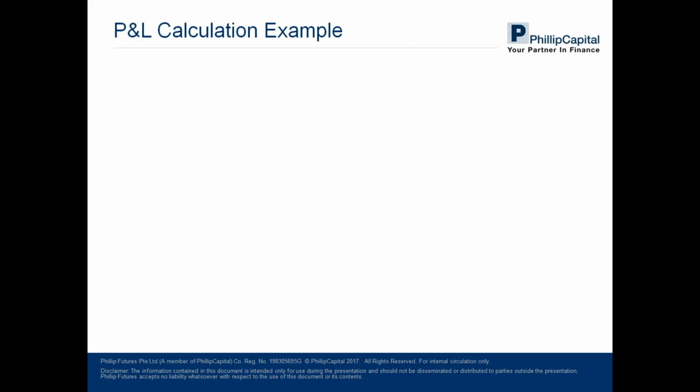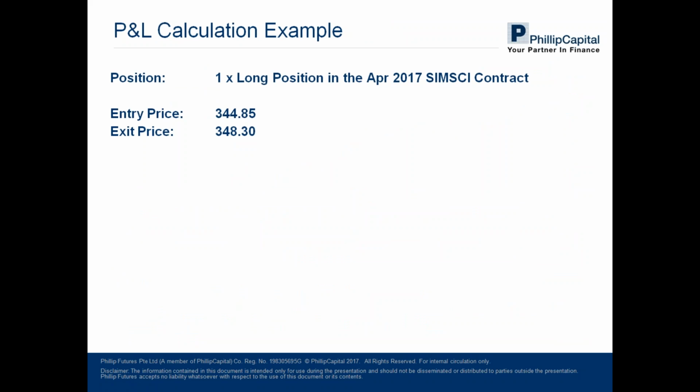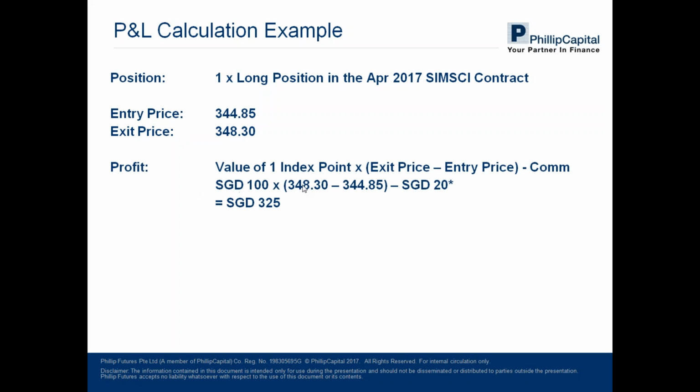So in the P&L, profit and loss calculation from this example, the position I took was just one long position in the April 2017 SIMSCI contract. My entry price was 344.85, exit price was at 348.3. My profit was actually 100 Singapore dollars multiplied by the difference between the two prices, and after accounting for commissions, this is my profit: 325 Singapore dollars.